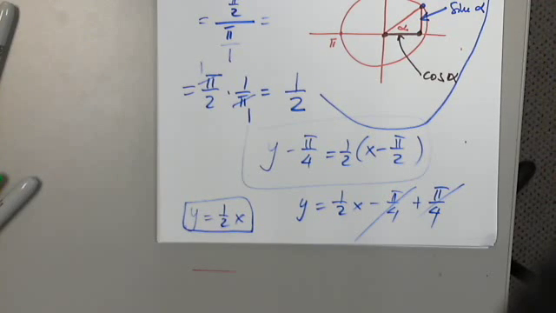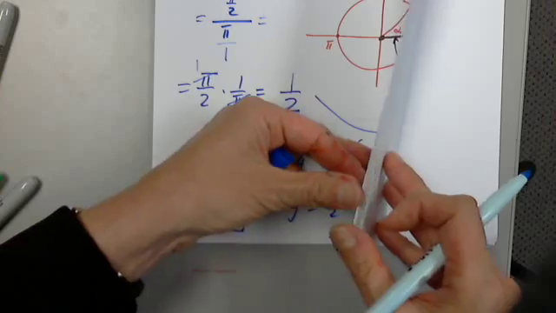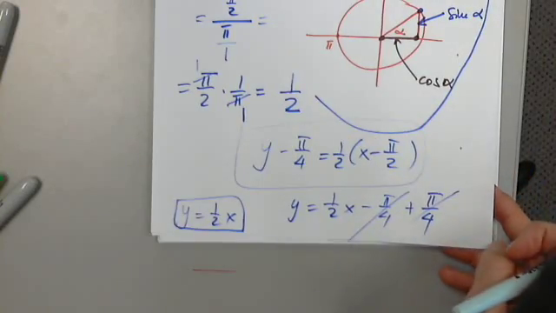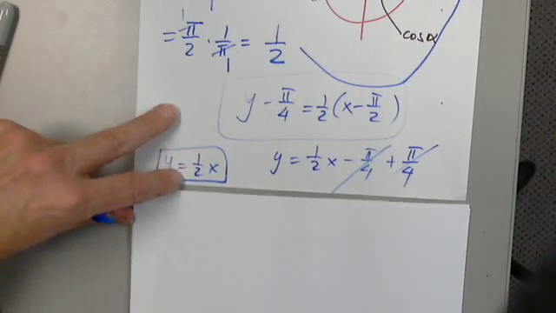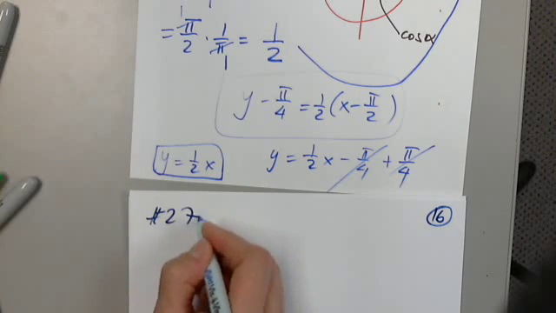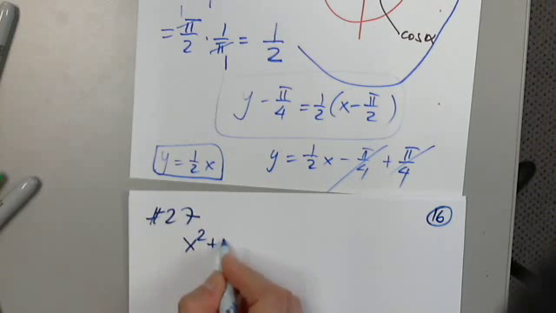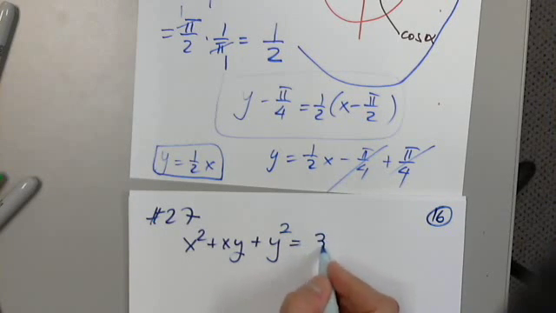Any preference? Okay, let's look at an easy one. This is a little bit easier. Okay, so let's look at 27, which is x squared plus xy plus y squared equals 3.